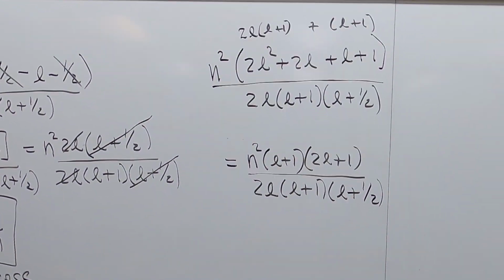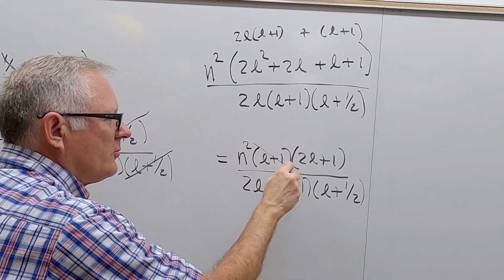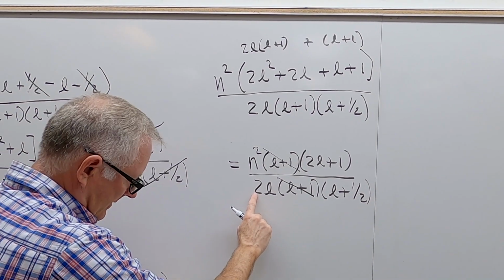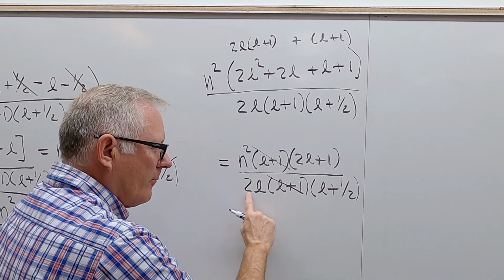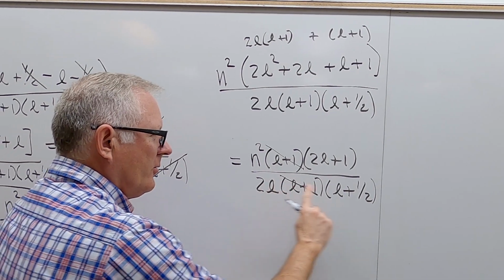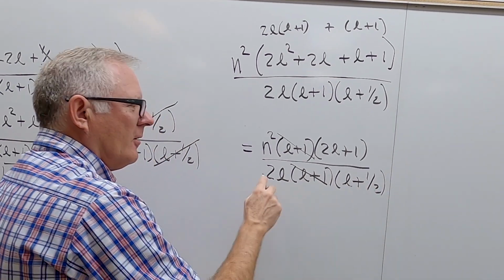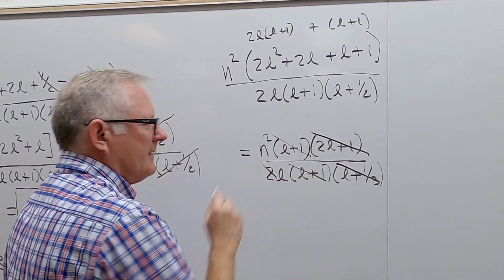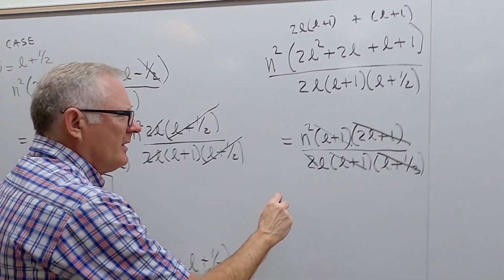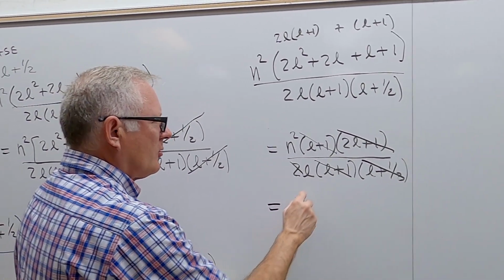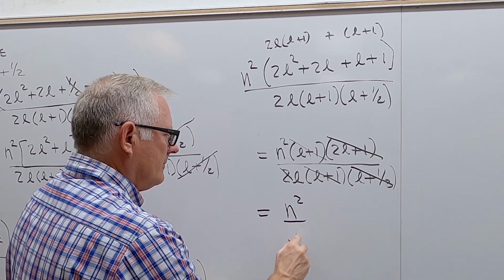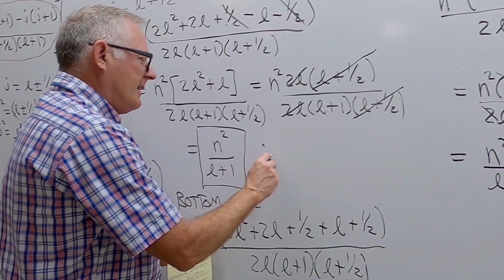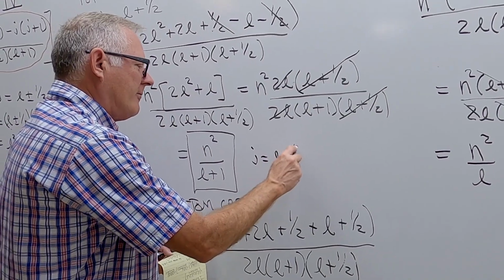Okay, well, the L plus 1's drop out. And if I multiply the 2 through, 2 times all of that will just give me 2L plus 1. So that cancels with this right here. And so this thing just becomes n squared over L. So this is when J is equal to L plus a half.